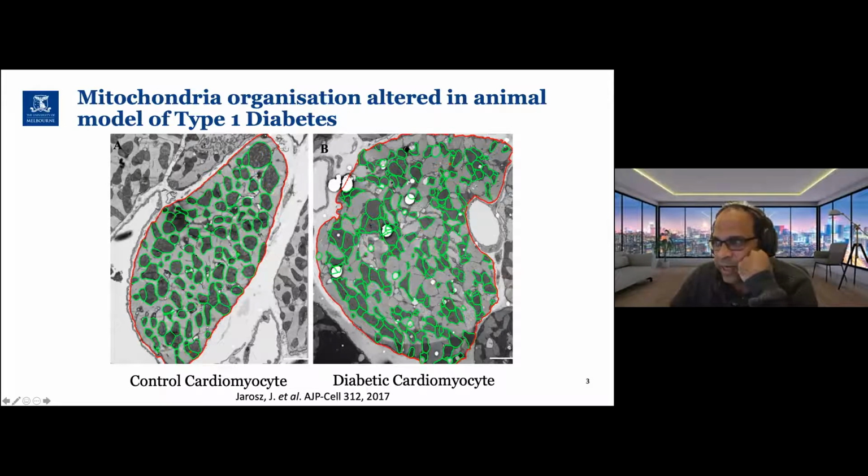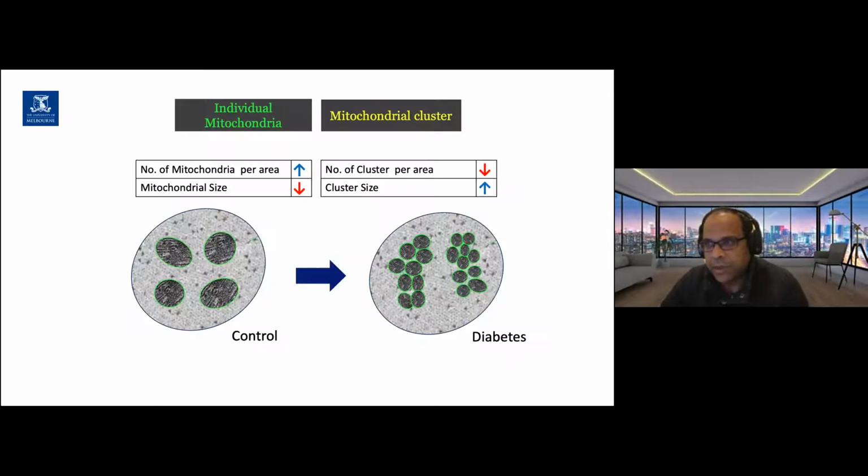The rest are basically myofibrils and sarcoplasmic reticulum and so on. The left is a cardiomyocyte cross-section in a control animal, and the right is a diabetic one. In work that we did to quantify the changes to mitochondrial organization, we found that in diabetes, we form lots more smaller mitochondria that were all clumped together, still maintaining that overall columnar architecture that we're so familiar with in cardiac cells.